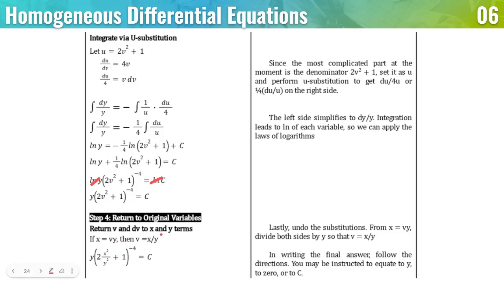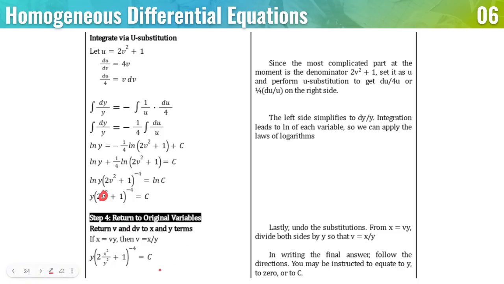Lastly, return to your original variables. Remember that v was originally x over y. So that's why in solving for v, you move y to the denominator. So you get v is equal to x over y. Substitute it here, and you should get this final answer.